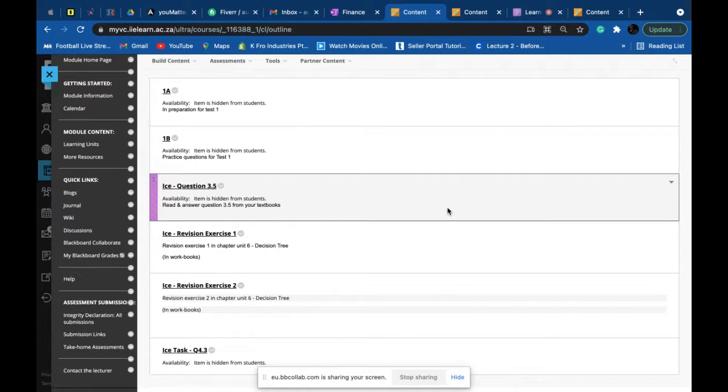But from my side, the only ICE task that you'll get from me will be in that ICE activities folder. Yeah, and I will send out an announcement and email when I've released that to you guys.